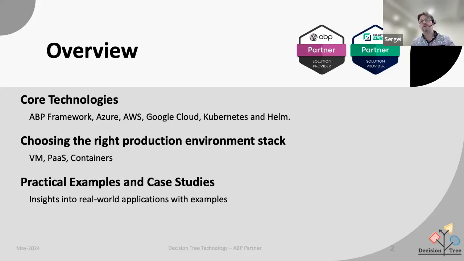This is the main subject of the call: how to choose the right environment for your application, and which tools and services are best to use to optimize your production experience and achieve the goals of the application. And we will look at some real life examples and case studies.